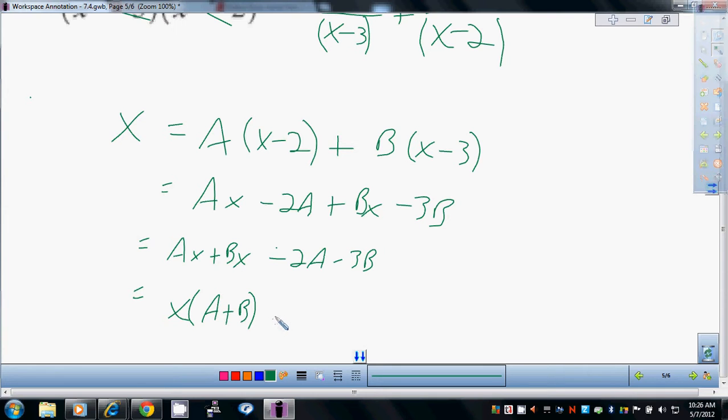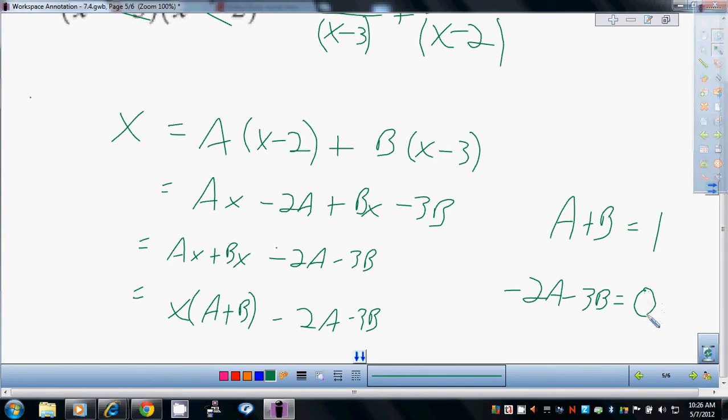So, it's just minus 2a minus 3b. Alright. Now, how many x's? So, a plus b equals whatever the coefficient for the x was over here, which is what? 1. That's right, there's 1x. How many numbers are there without an x? 0. So, negative 2a minus 3b equals 0.